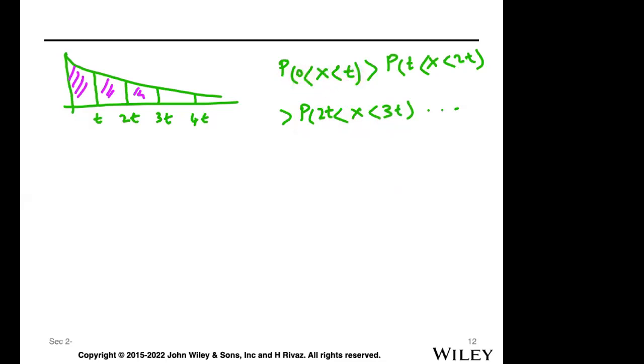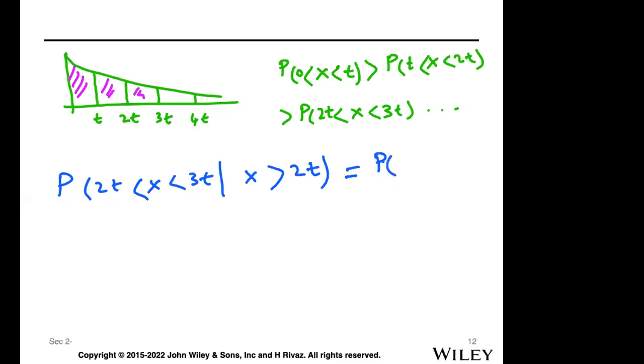But if we want to relate this to the conditional probability, then we can say that P of X between 2t and 3t, oops, sorry, given that X is already more than 2t, is equal to P of X between 0 and t.